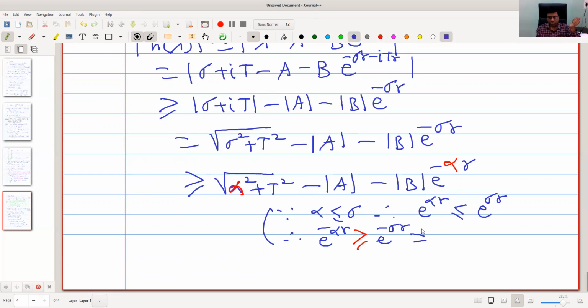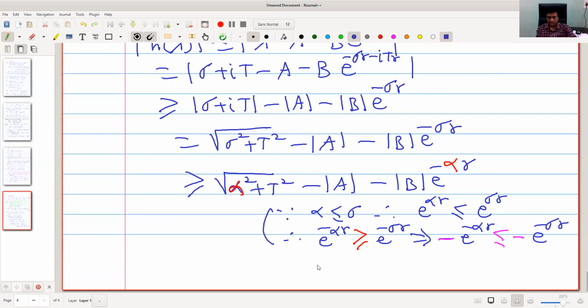This implies, if we multiply this by minus sign, then again the inequality will change. And we can multiply by any positive number, say mod of b. So minus e raised to minus alpha r is less equal minus e raised to minus sigma r.